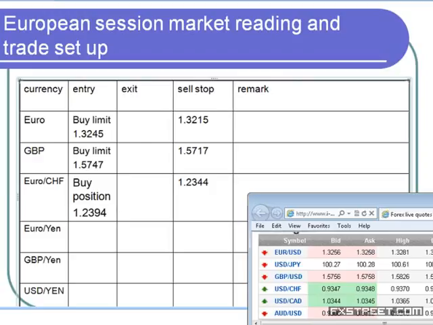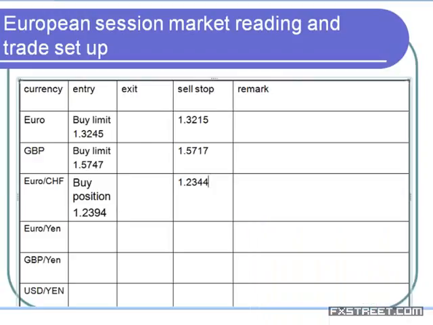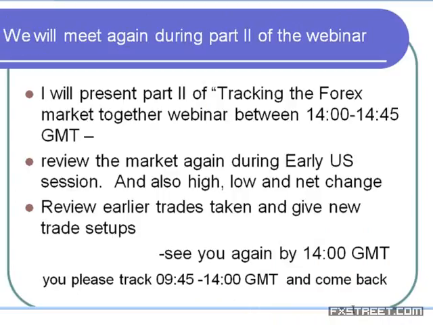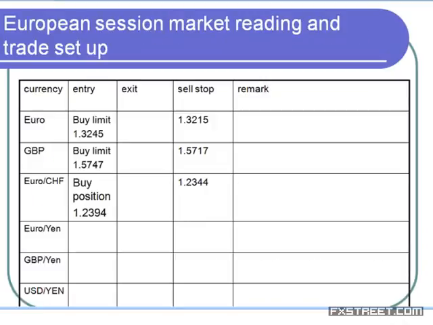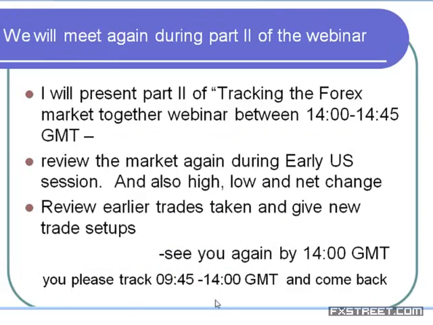I'll come back by 14 GMT and take up the Tracking the Forex Market Together webinar part 2, and I'll also explain what happened to the trades. Meanwhile, you can follow the live market code page from 9:45 to 14 GMT and find out what happened to those three orders I have placed, and also the positions, and come back to me with your questions so that I can answer them.